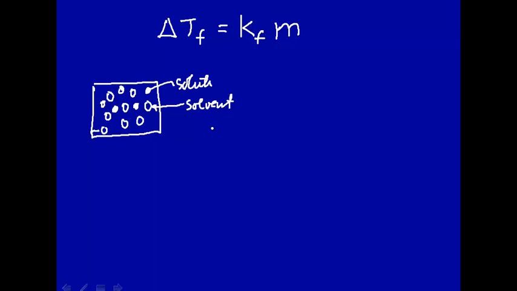So let's consider this sort of pseudo reaction. Let's call the solute A and the solvent B. So let's take the solid of the solute, and let's take some solvent. That's a solvent. And we're going to take some of this and solvate it.